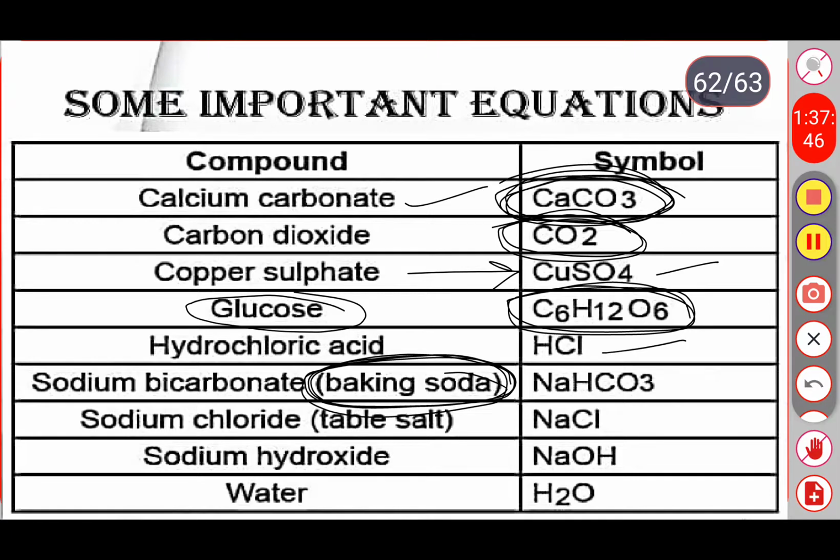Next one is sodium hydroxide, whose molecular formula is NaOH. And last one, the most important, water. What is the molecular formula of water? H2O, right? So these are all important compounds you need to understand.